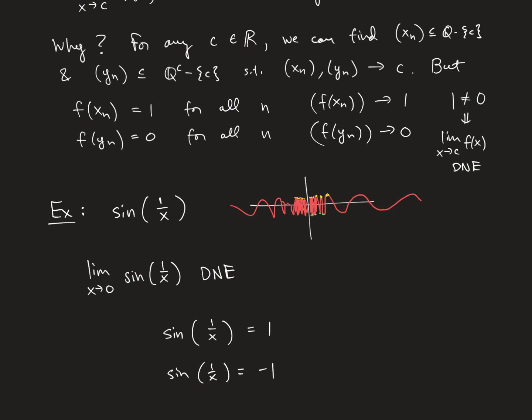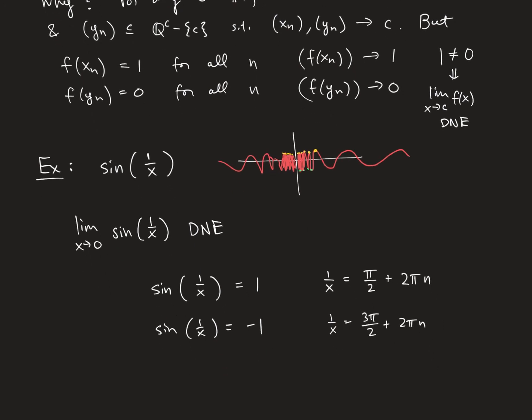Sine is equal to 1 when 1 over x is pi over 2 plus 2 pi n, any multiple of 2 pi, and for negative 1, that's going to be 3 pi over 2 plus 2 pi n. So just inverting that will give you sequences of x.